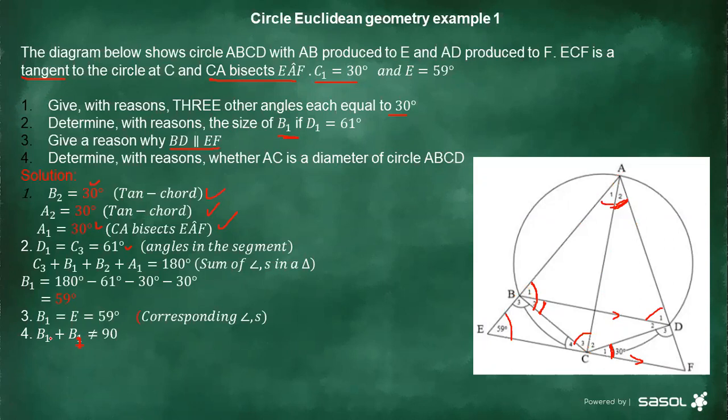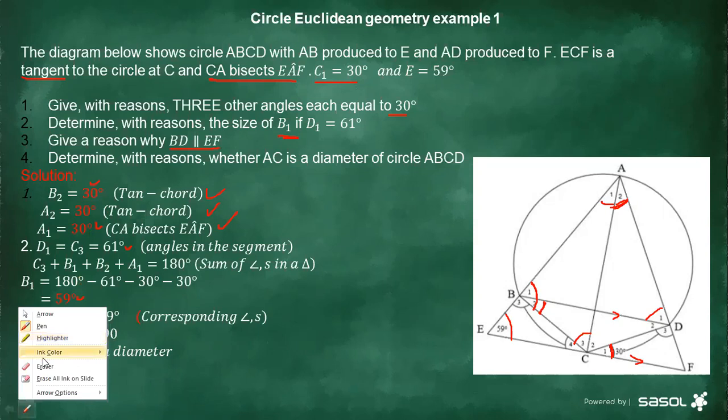But now we can see that B1, we have calculated, it was 59. And then B2, it was 30 there. And when we add the two, you don't get 90 degrees. Hence, we are saying angle B1 plus angle B2, this is 2 here, is not equal to 90. Therefore, AC is not a diameter.